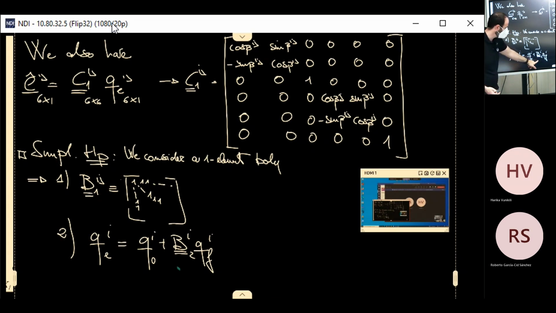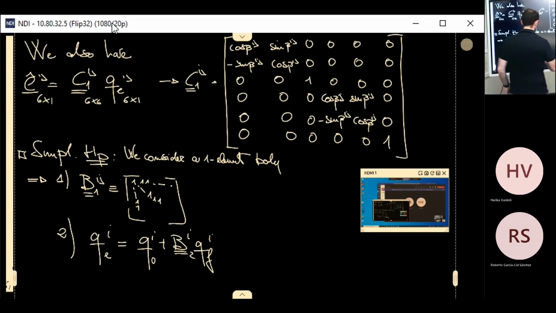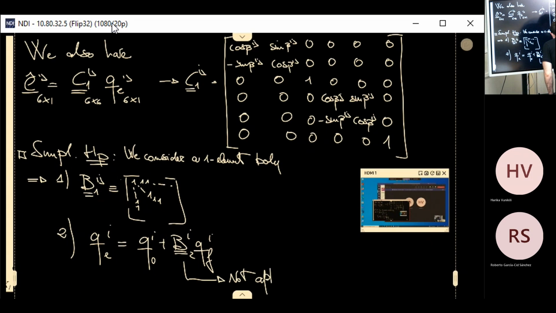If you only have one element, this concept vanishes, so it's not appearing.